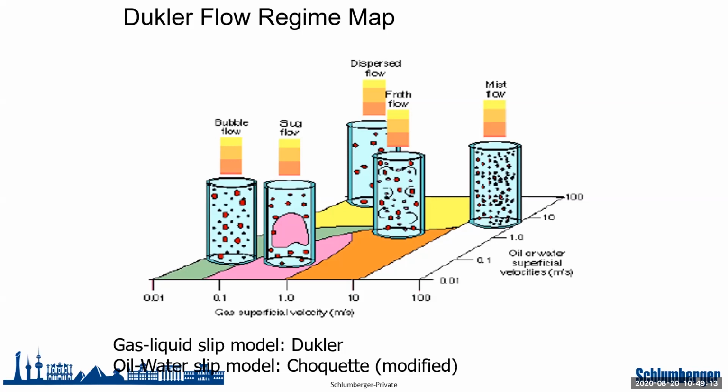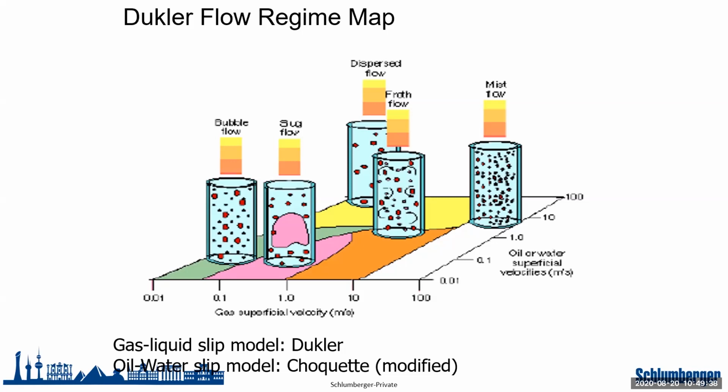It's not going to be a straightforward interpretation. Then we might have a very high velocity of the gas and a medium to high velocity of oil and water. And then we can start having something called mist flow, in which the bubbles of gas become very tiny. This might become a challenge for some of our holdup sensors.